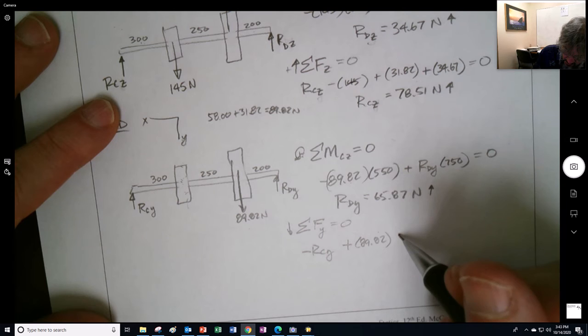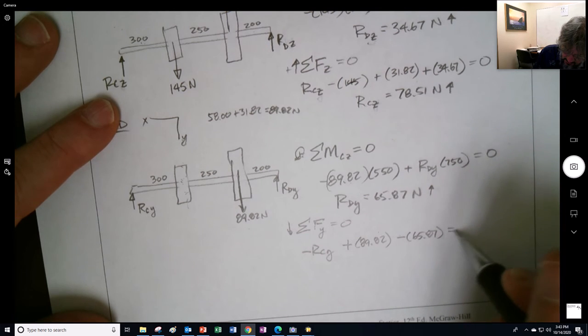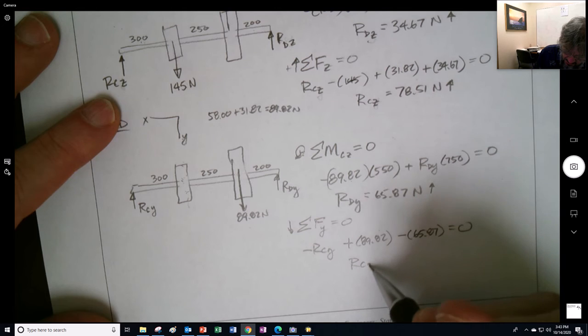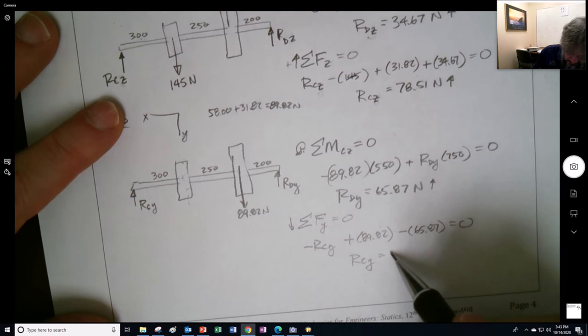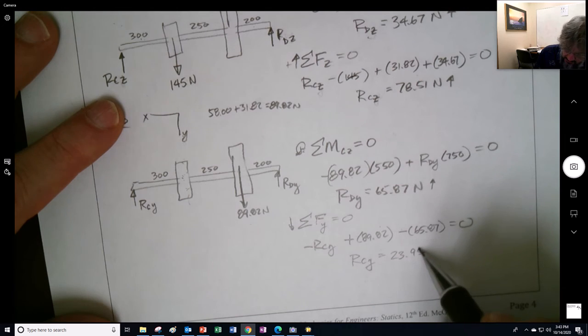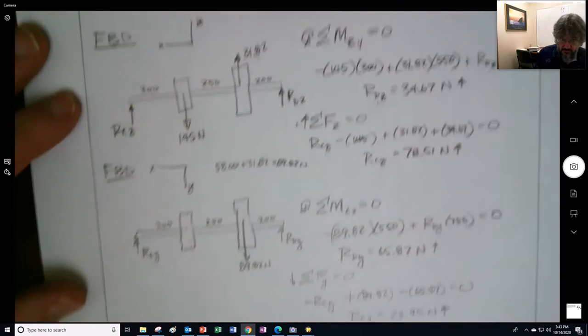And then we're going to have a negative 65.87. So we get an RCY of 23.95 newtons. That way, right?